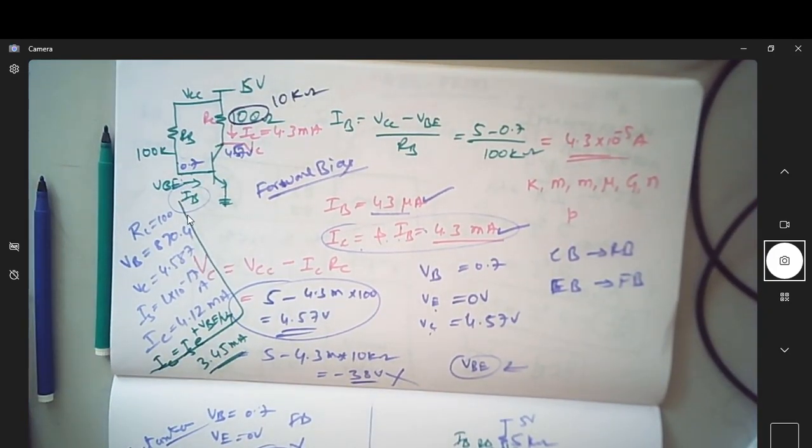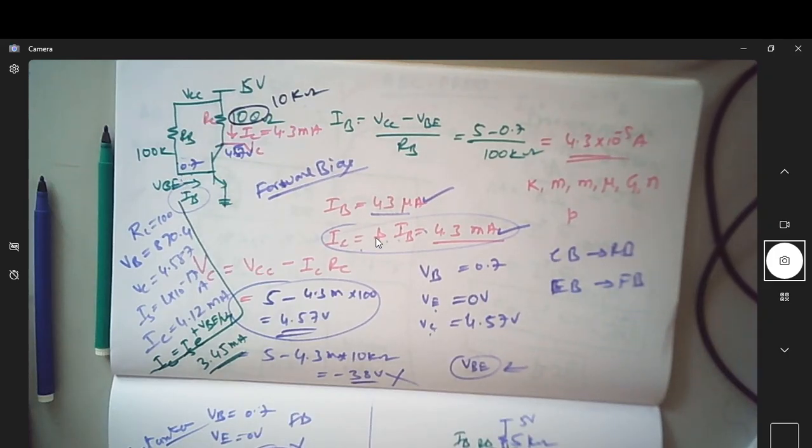So what I mean to say here is, we cannot simply assume this as 0.7 and then proceed. And of course nowadays nobody uses this type of fixed bias. So the assumption of 0.7 as VBE and assuming IC is equal to beta times IB is not true for all cases. And this current IC is very sensitive to VB. You can see if VB changes, if it is 870 millivolts, it is coming to be 8.35.